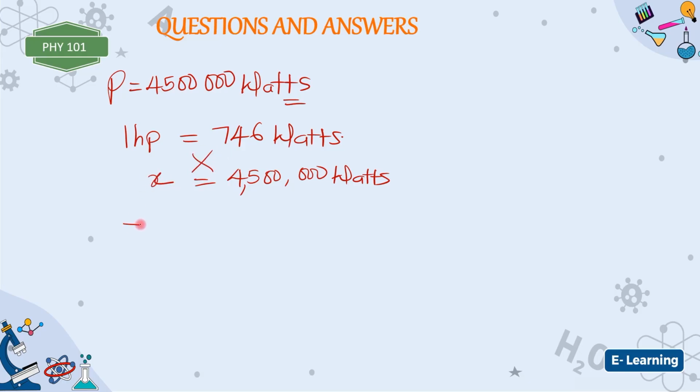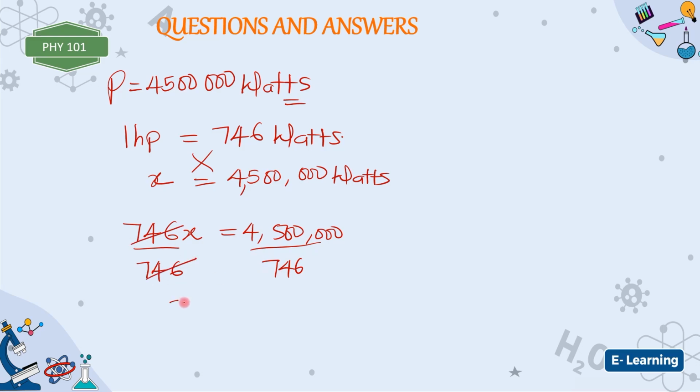When you cross multiply, this is going to give us 746 times X is 45,000,000 watts. So divide both sides by 746.